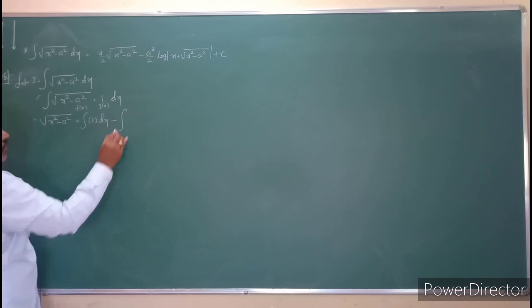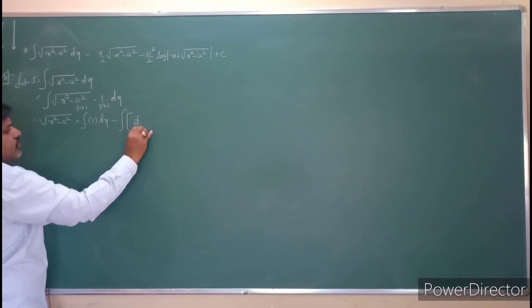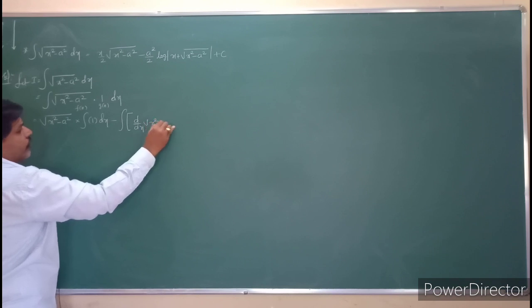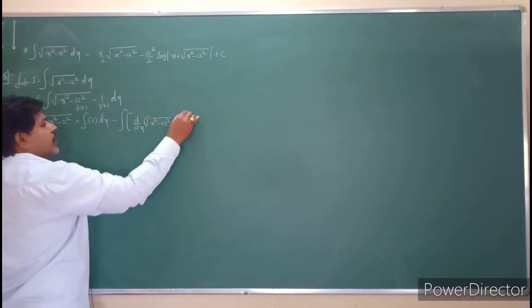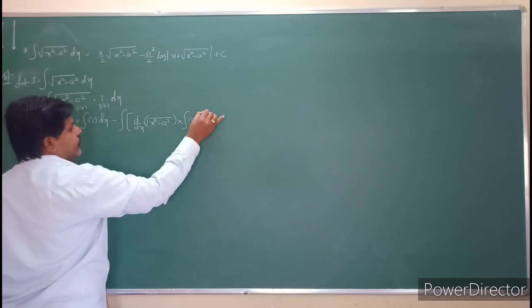Minus the integral of the derivative of the first function, root of x square minus a square, into the integral of the second function, that is the integral of 1 into dx.